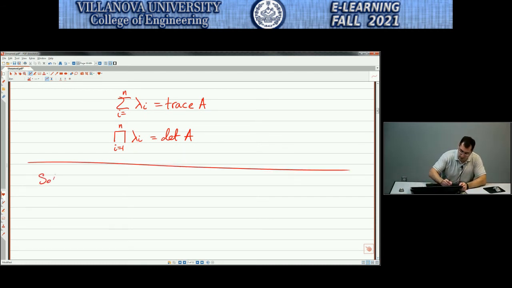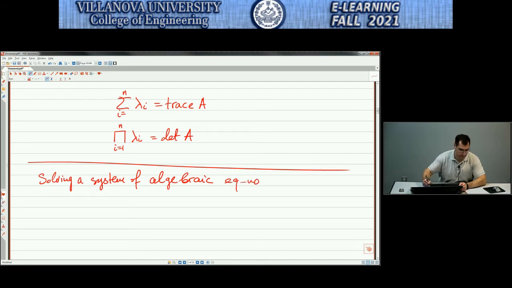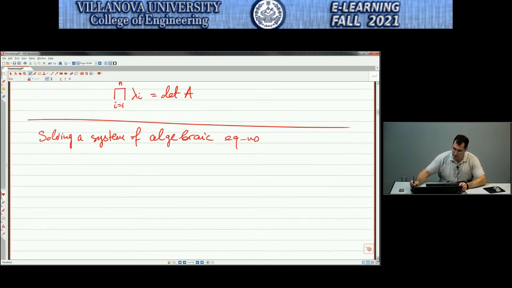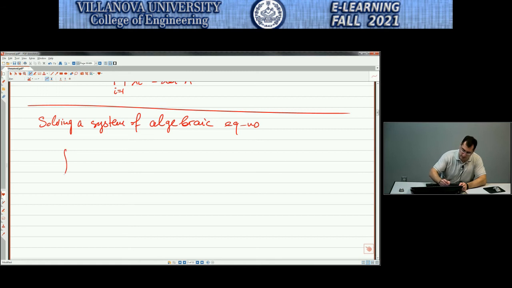So solving a system of algebraic equations. So my linear algebraic equation, the system of those, is given perhaps in the form like this.